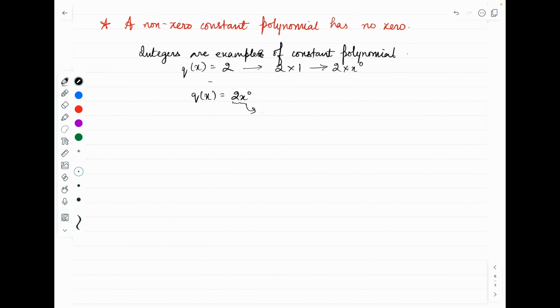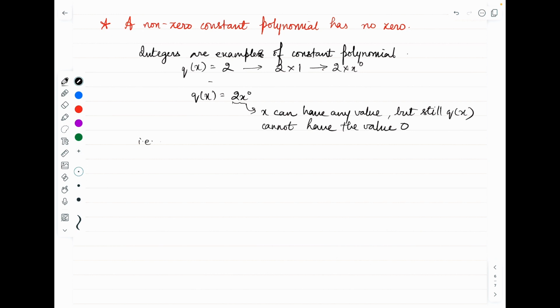But you see, x can have any value, but still q of x cannot have the value 0. Whatever value of x you take, q of x will never be 0.